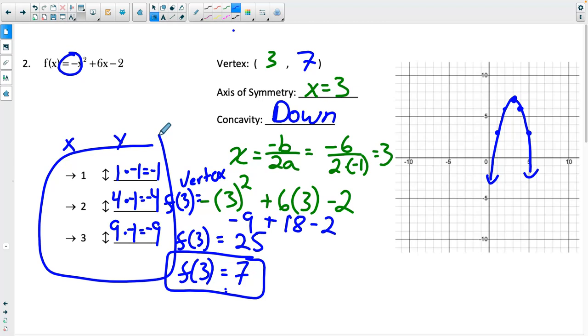Good, bad, something? Good? All right, again, you don't have to use it. You can go back to a T-chart and say, I know my vertex starts at 3, and then I would use the ladder and I would count up 4, 5, count down 2 and 1, and I would plug those points in to get the remaining points. So nothing too crazy there. Any questions about any of this?